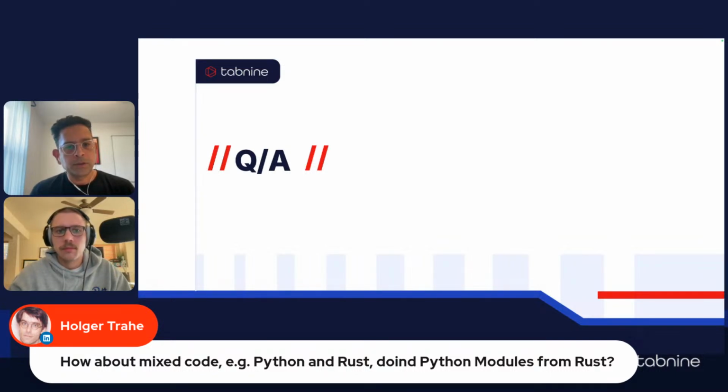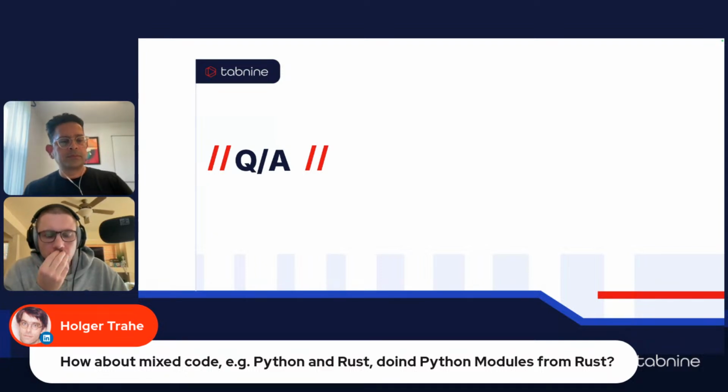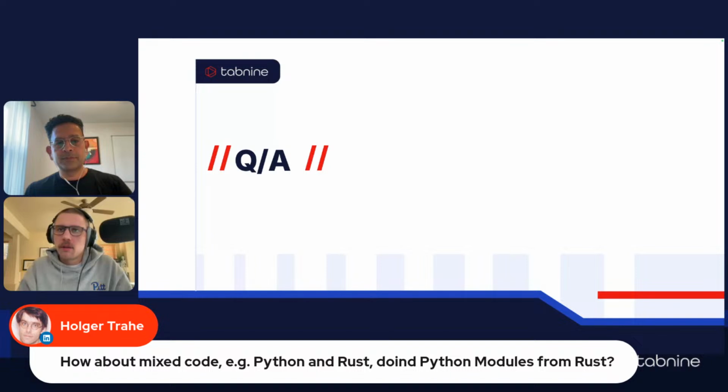How about a mixed code example, Python and Rust? I'm not sure on mixed code rules at the current state.